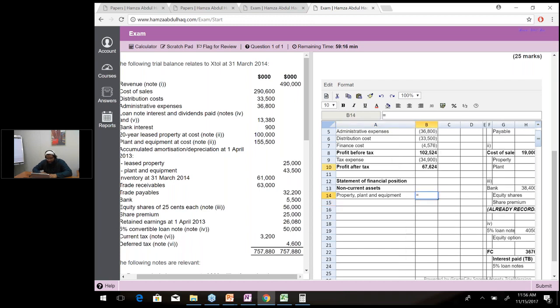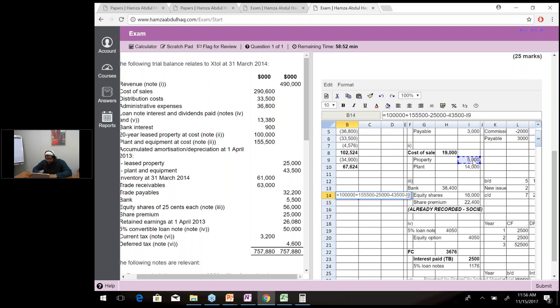So the property, plant, equipment was 100,000 plus 155,500 minus 25,000 minus 43,500. This is from the trial balance, and then minus 5,000 and minus 14,000. So this will give us the value of the property, plant, equipment.